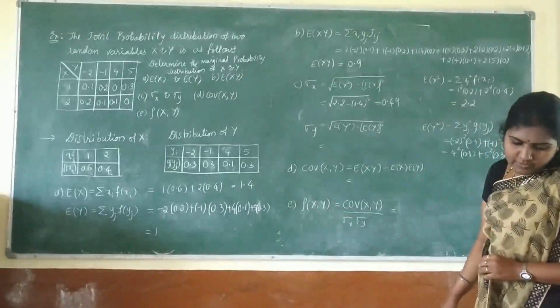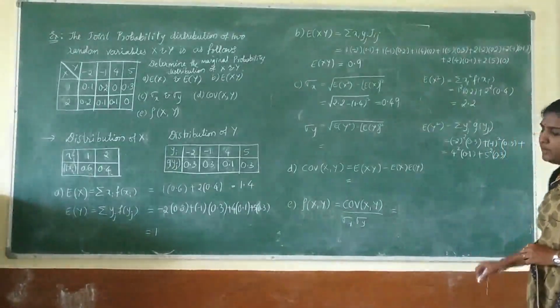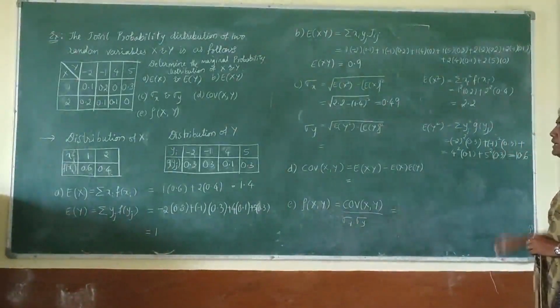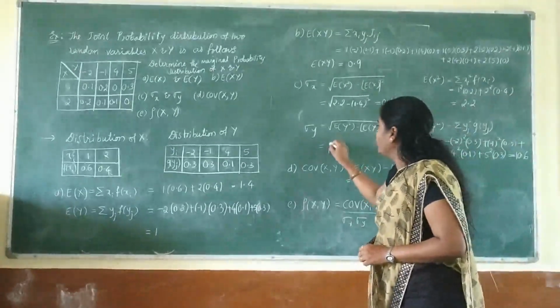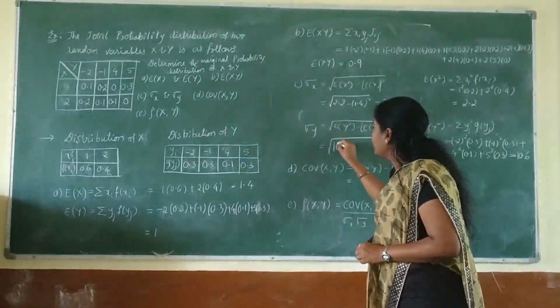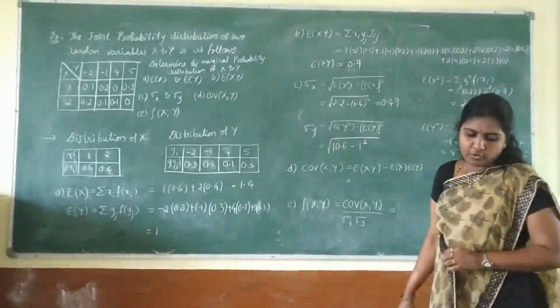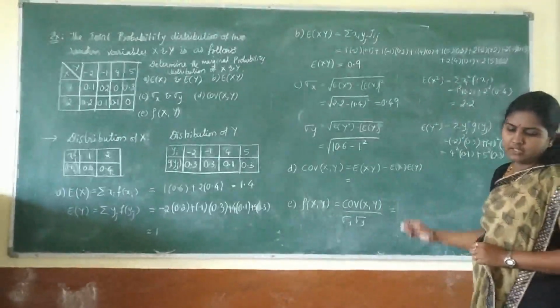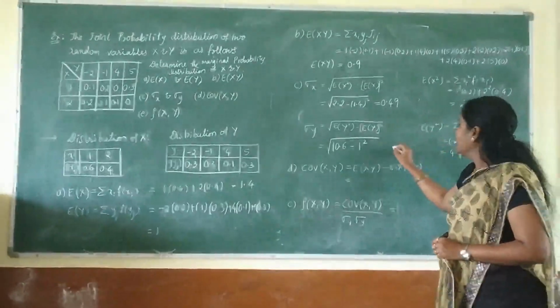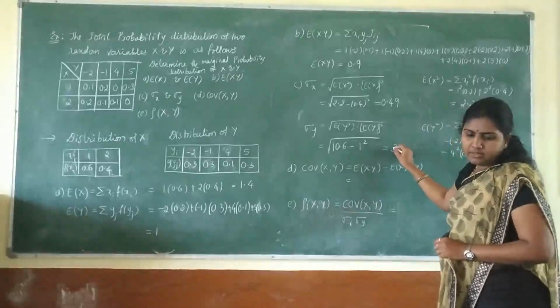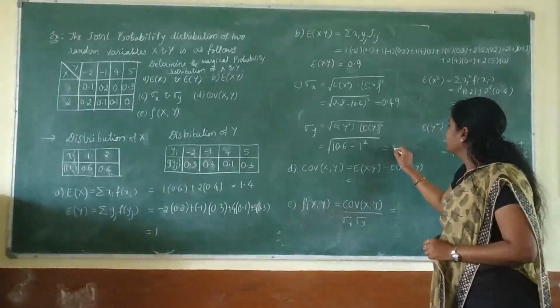After simplifying, E of y square is 10.6. Substituting, square root of 10.6 minus 1 square is 3.1.